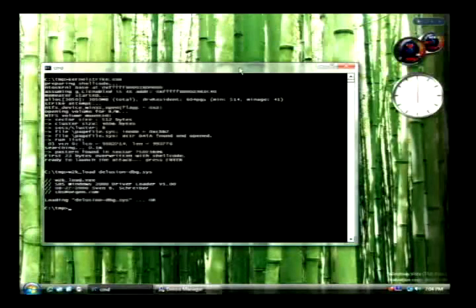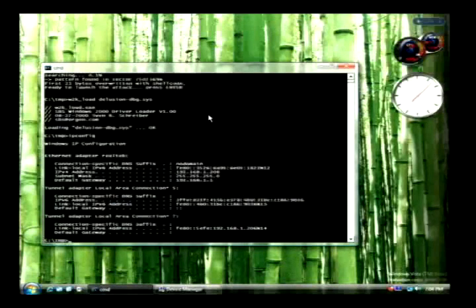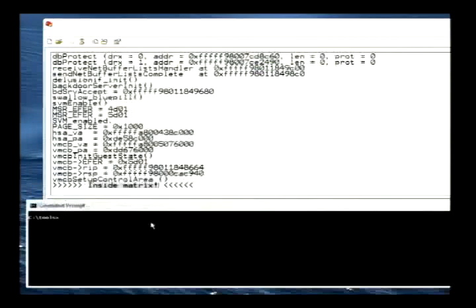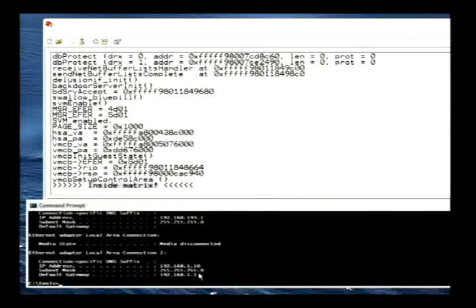So then we will check the IP address of this computer. And this is 192.168.1.206. So we are going back to the remote machine, and we will try to connect to this. Oh, this IP address is 1.10.